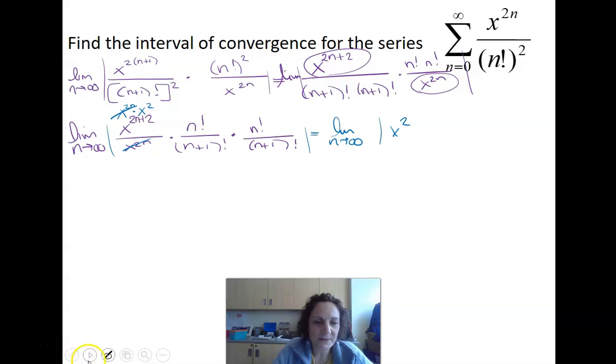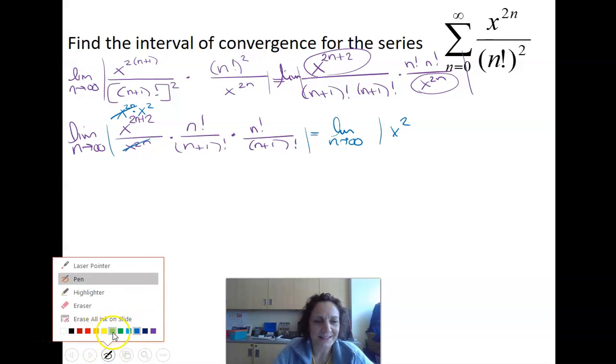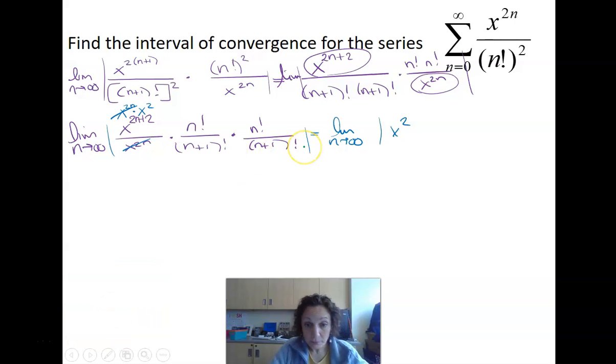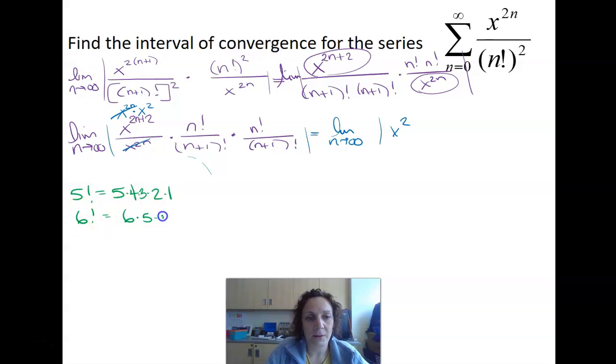When we simplify these factorials, there's a little bit of a trick to this that you need to see. Let's just take a little aside here. It's easier than you think to simplify factorials. So I want you to think about what a factorial is. For example, if I say to you, tell me 5 factorial, you're going to say, well, that's 5 times 4 times 3 times 2 times 1. And if I say, give me 6 factorial, that's 6 times 5 times 4 times 3 times 2 times 1.